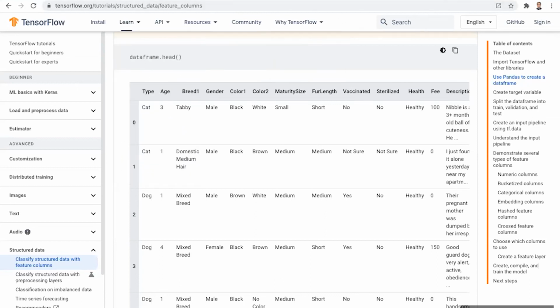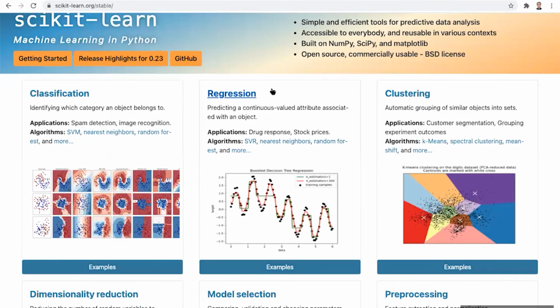This scikit-learn is pretty nice because it is older than TensorFlow. In older times, lots of people wanted to use scikit-learn, but nowadays it's a little bit outdated, and in some sense it deals with very elementary machine learning techniques.